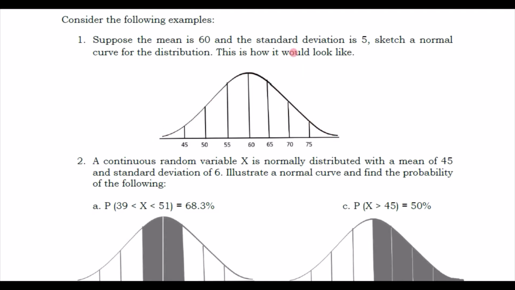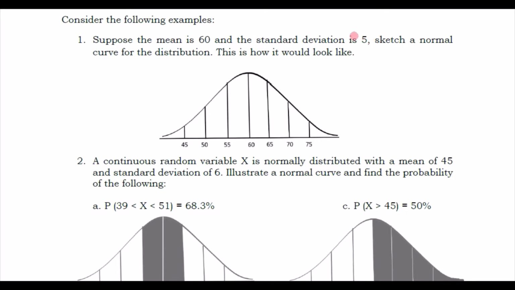Okay. So, ano ang sabi? Show the mean. Kung ito yung mean, ang mean daw ay 60. So, ilalagay natin sa baba ay 60. And the standard deviation is 5. So, alam na naman natin na ang standard deviation ay yung interval points ng normal curve.